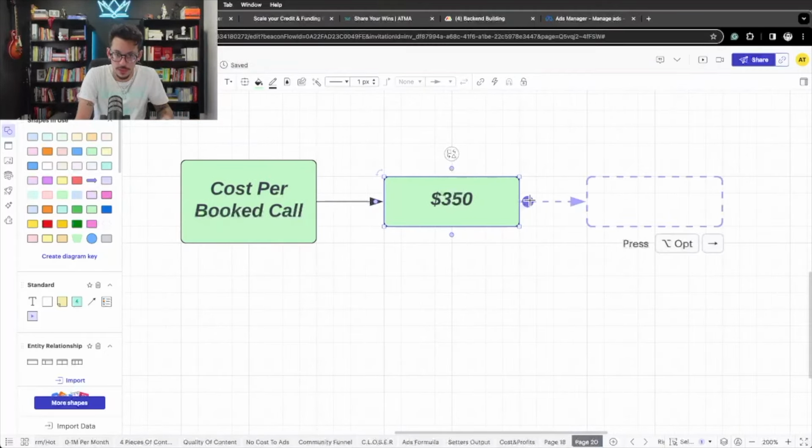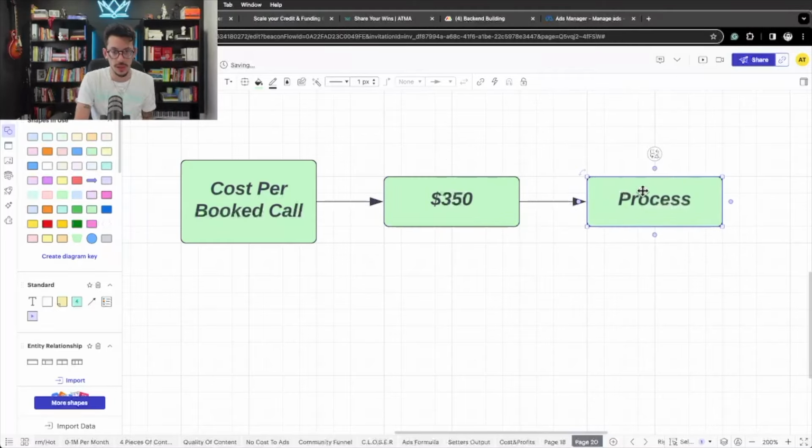It's pretty much 350 times 10, because you're trying to get 10 book calls, which equals $3,500. This is why it's so important, because once you know your cost per book call, 350 times 10 book calls, it's costing you $3,500.